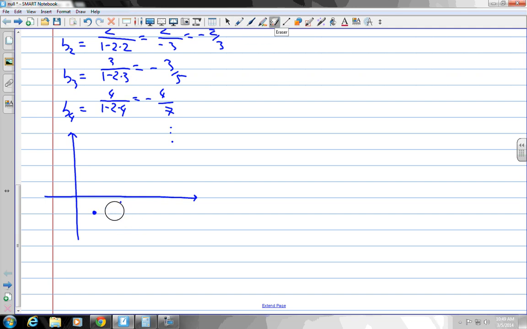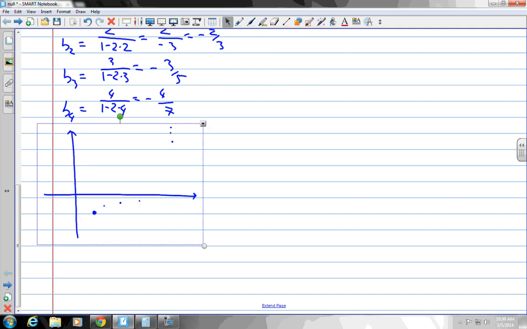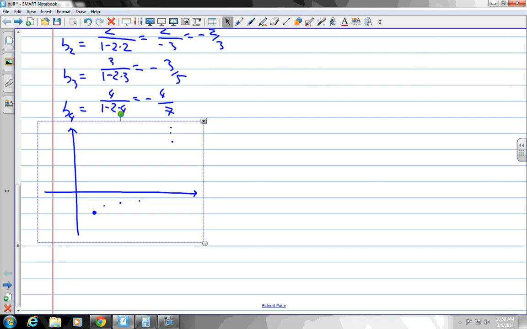It stays below negative 1/2, is that right? What happens when I get to infinity? That's the graph of the sequence. There's nothing that connects these dots. These are just the dots. There's nothing in between the dots.